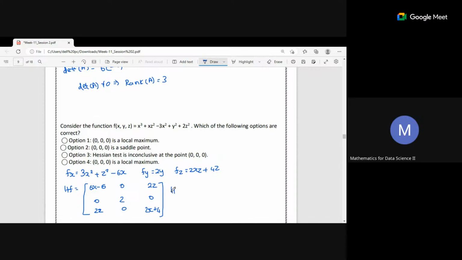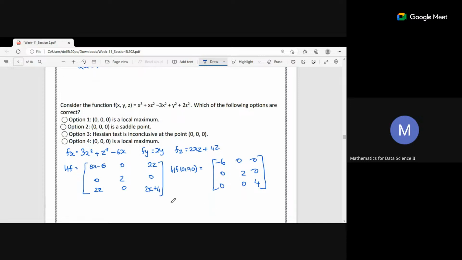Now what happens to Hf of 0, 0, 0? Minus 6, 0, 0, 0, 2, 0, 0, 0, 4. It is a diagonal matrix. So easier for calculation. Your alpha is, what is alpha? Minus 48. Minus 48, so less than 0. What is your beta? Your beta is minus 12.